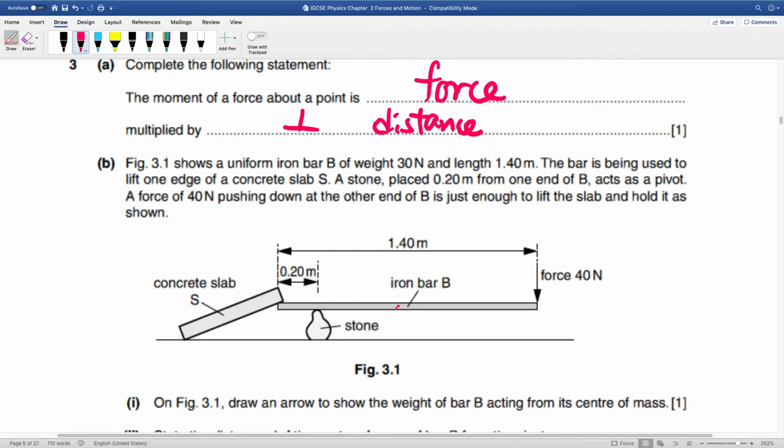So let's say the center of mass is at the center of the bar. So easy, is it? Simple. No need to explain.